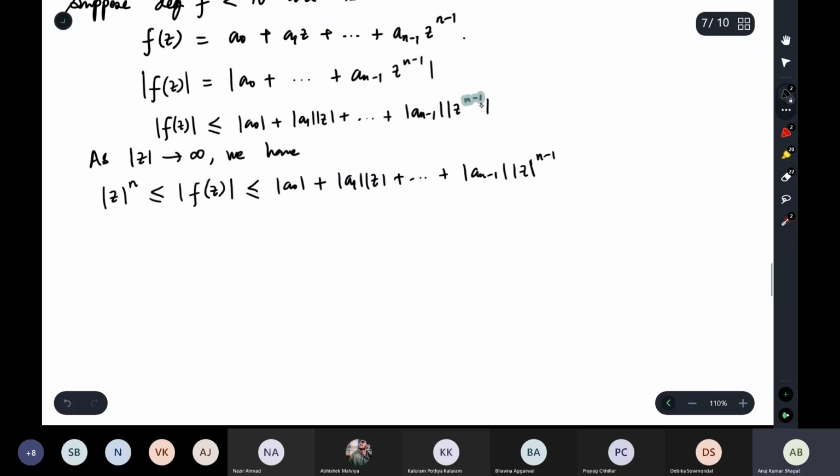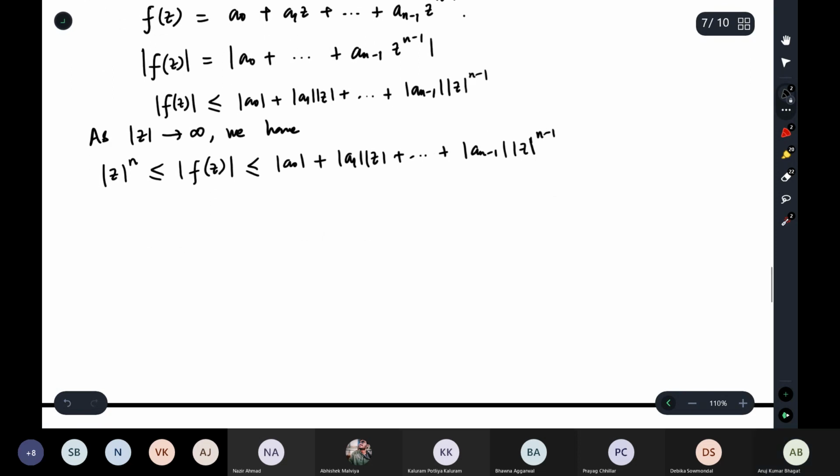I can actually write this way. This implies 1 is less than or equal to modulus of a0 by modulus of z to the power n plus this.